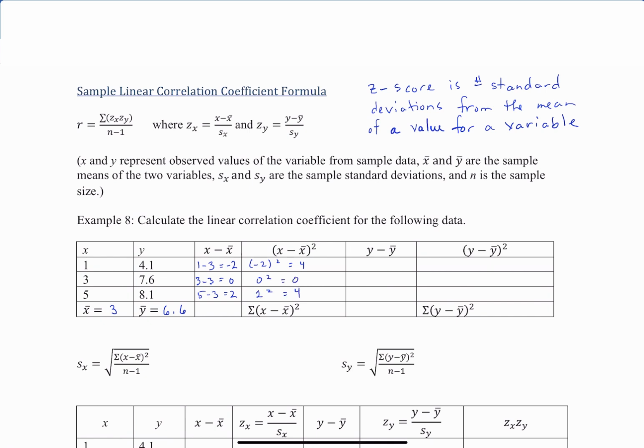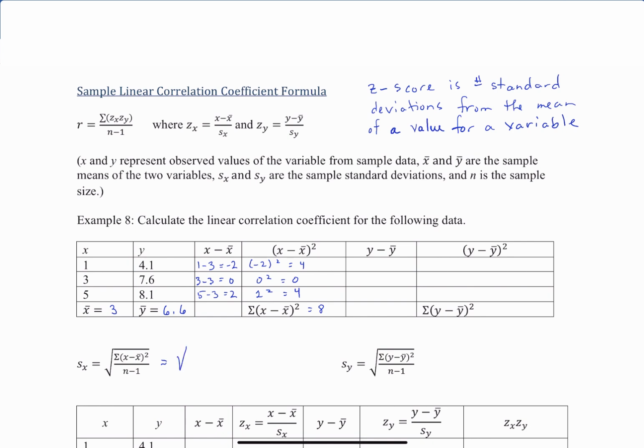We need to add those up. Why do we need to add those up? Because in our standard deviation formula, under the square root in the numerator, we have the sum of the x minus x bar squareds. So adding those up, 4 plus 0 plus 4 is 8. At this point, we can compute the standard deviation for the x variable.